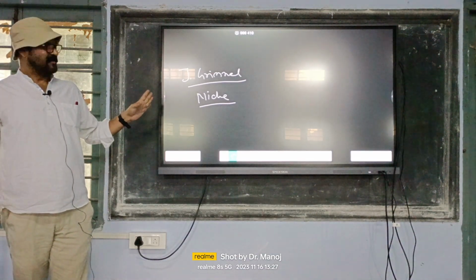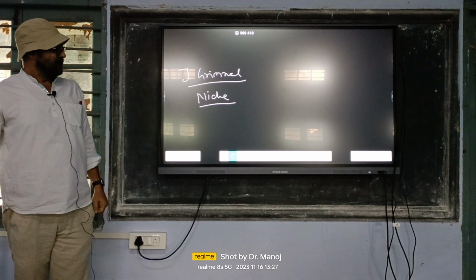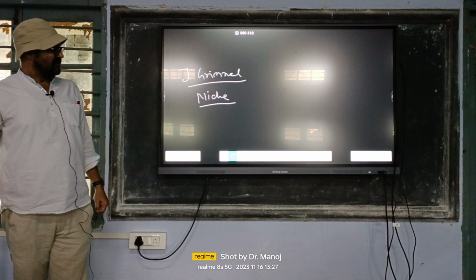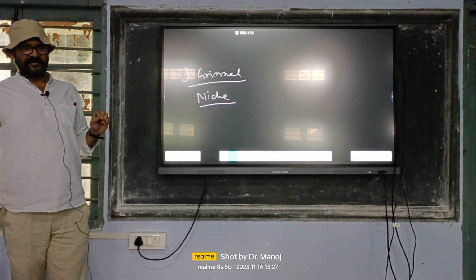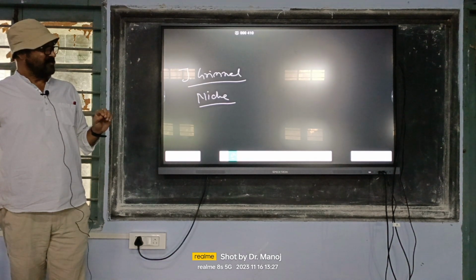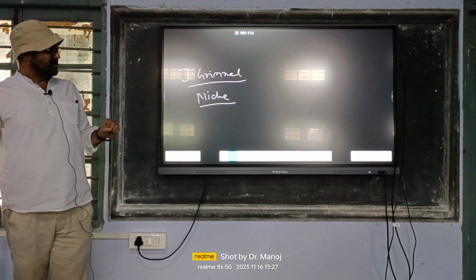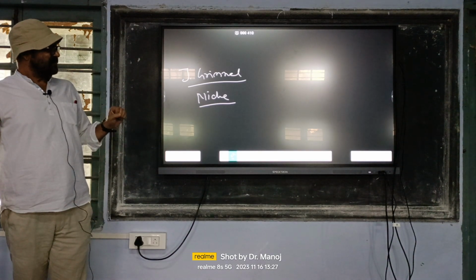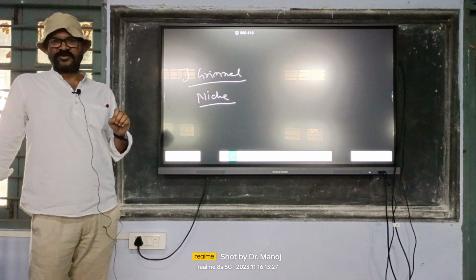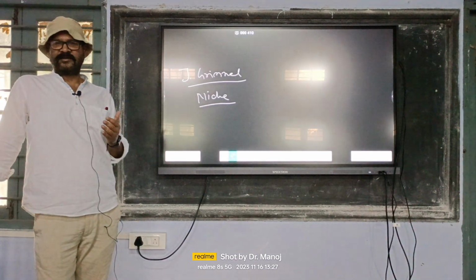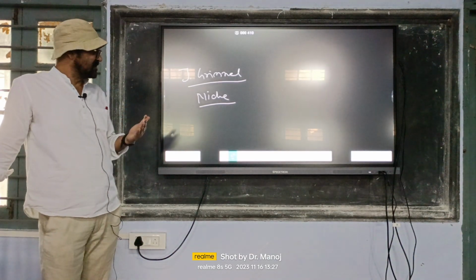He considered this microhabitat as a distributional unit of the organism. But this concept, this habitat niche or spatial niche, is not sufficient to study the different functional aspects of the organism.